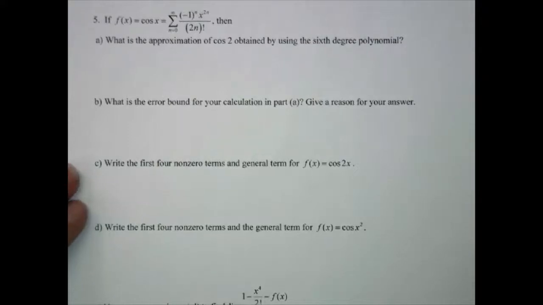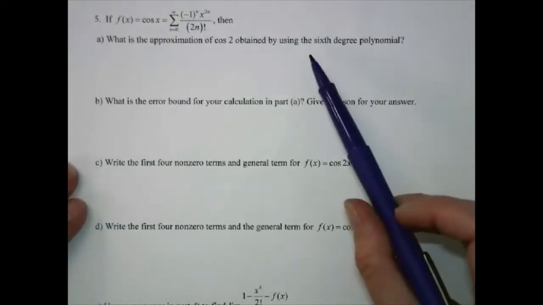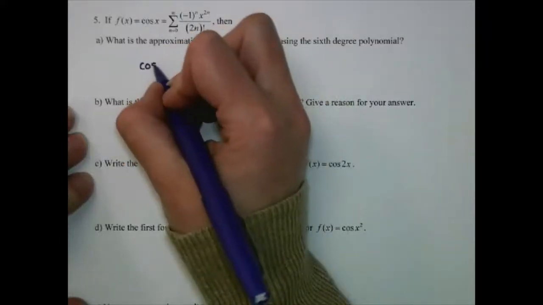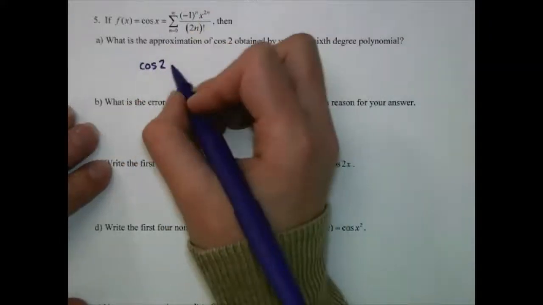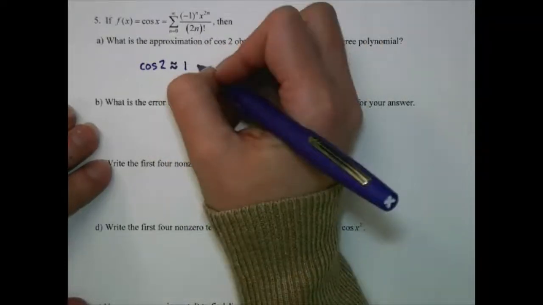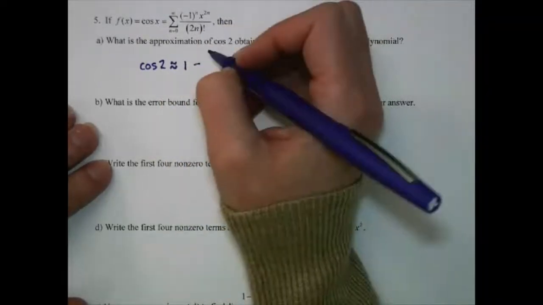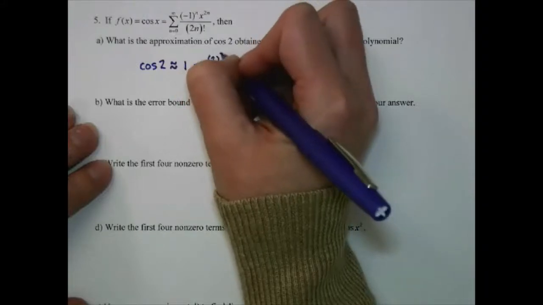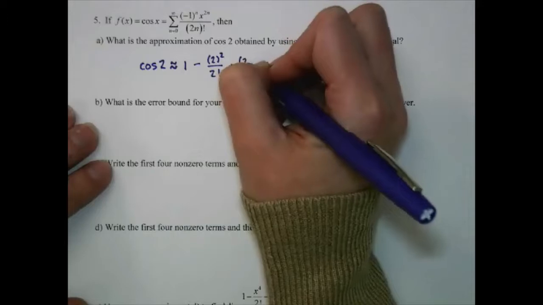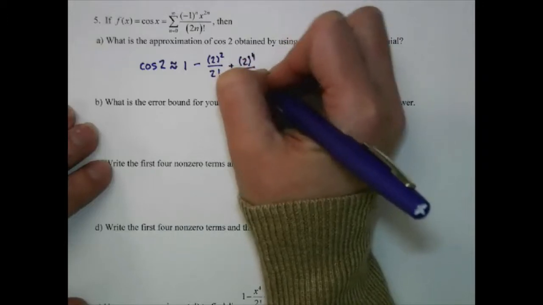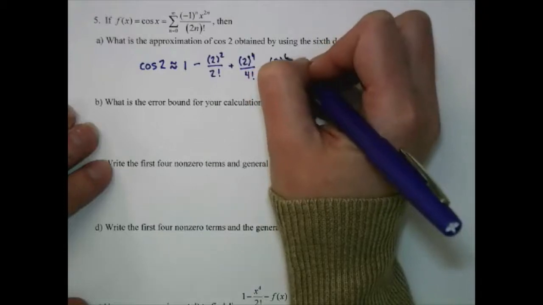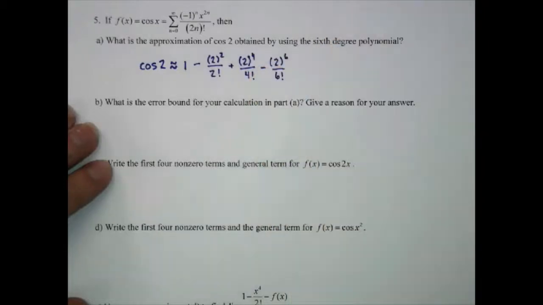Okay, what is the approximation of cosine of 2 obtained using the 6th degree polynomial? So cosine is our evens. So that's going to be 1 minus x squared over 2 factorial, so 2 squared over 2 factorial, plus 2 to the 4th over 4 factorial, minus 2 to the 6th over 6 factorial.